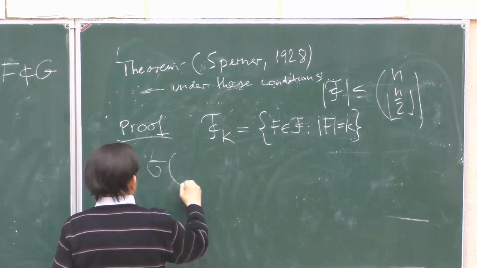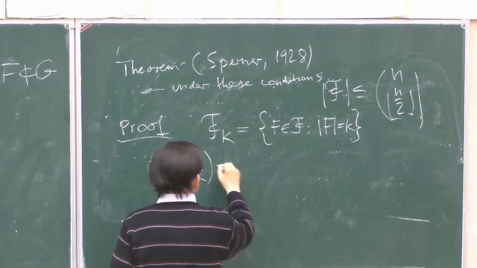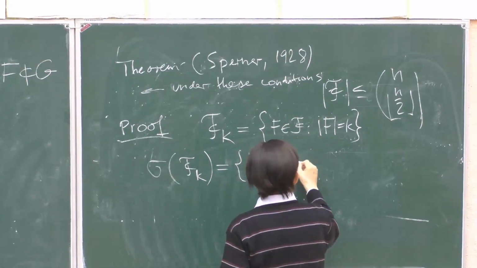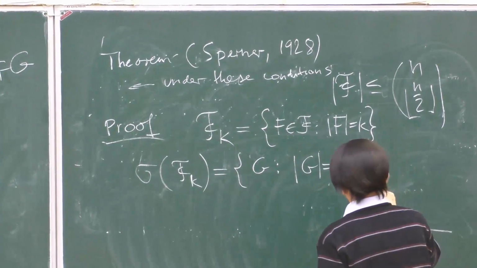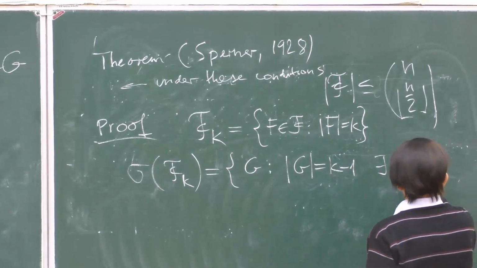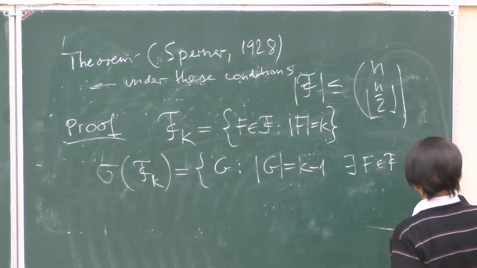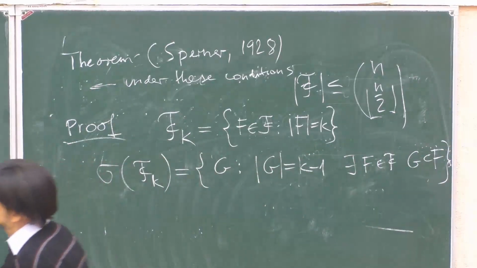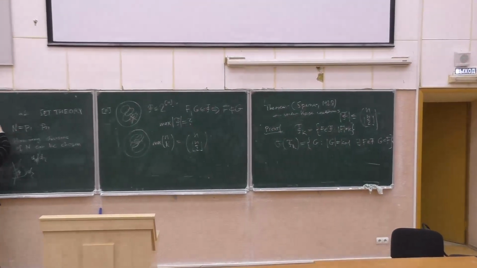And I introduce the shadow, which consists of the sets G such that it has k-1 elements, and there is an F in the family such that G is a subset of F. I will show some pictures to make it more clear.